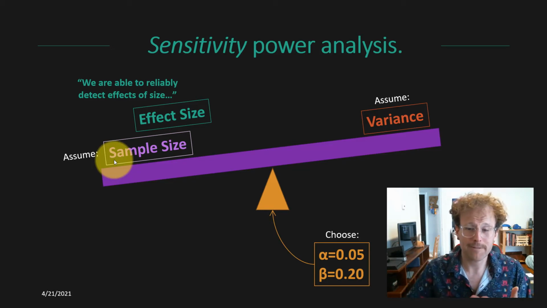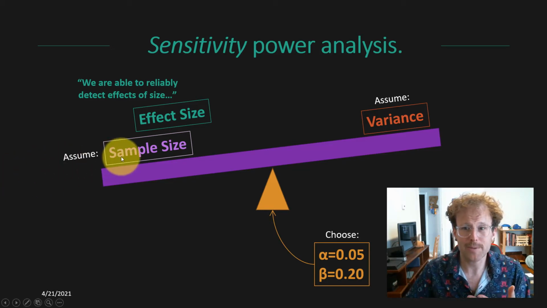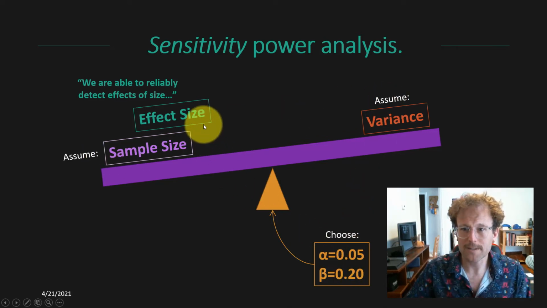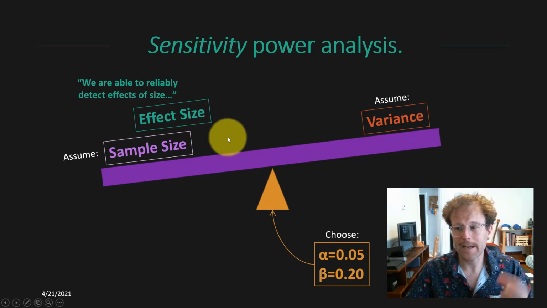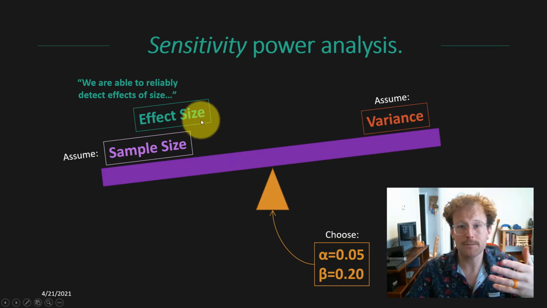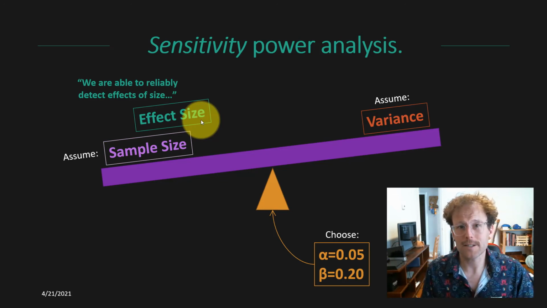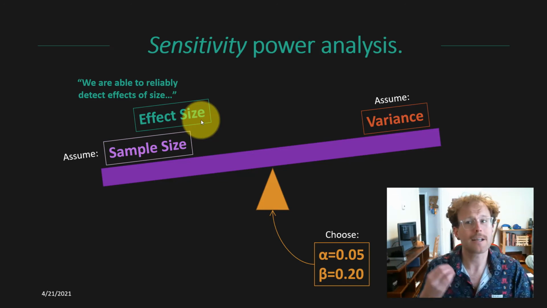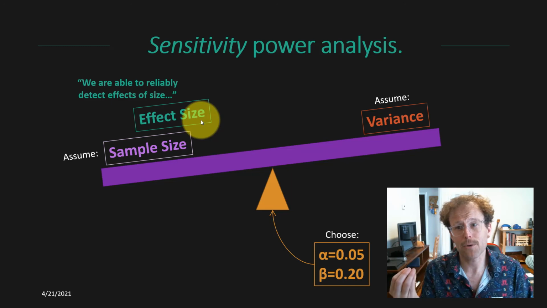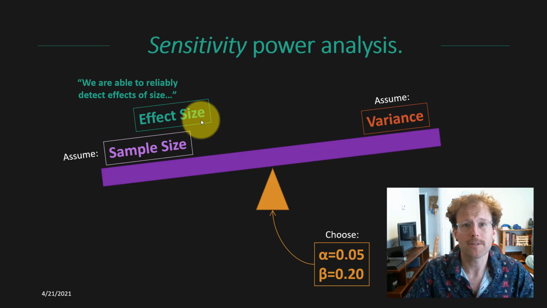There are many things that might affect that, but we're going to make some assumption that our sample size is fixed. Then, given all those variables being fixed, we can say we reliably have 80% power to detect effects of a certain size. So sensitivity analysis takes your sample size as a constraint and then tells you what statistical power you were able to achieve for given sample sizes.